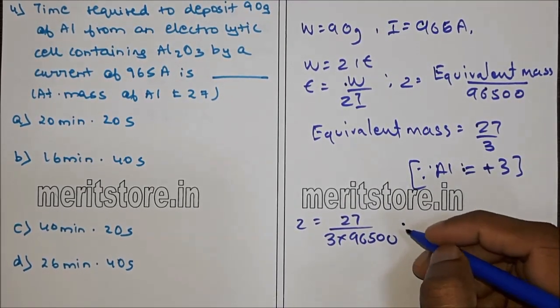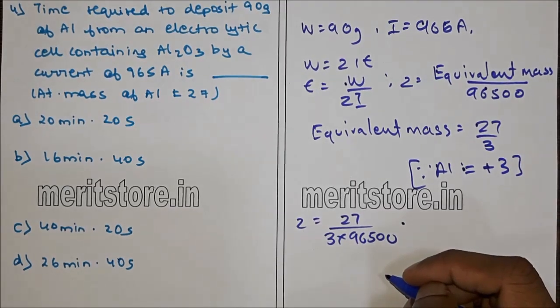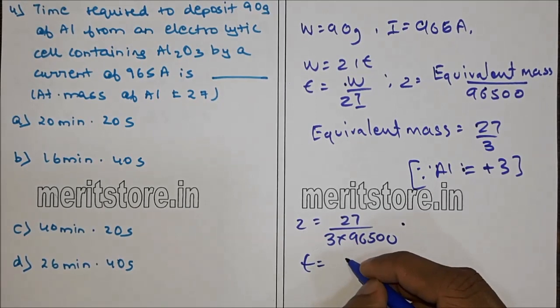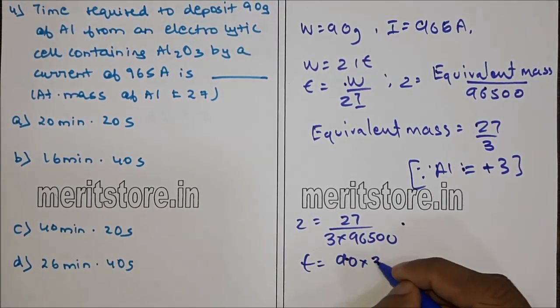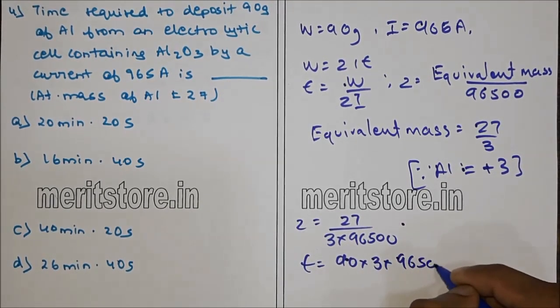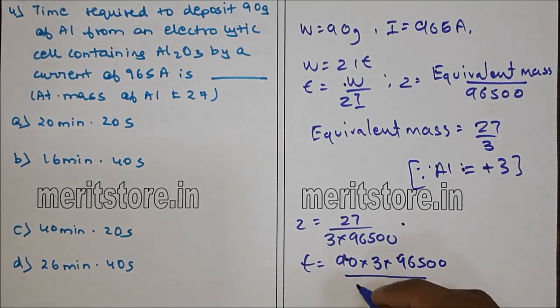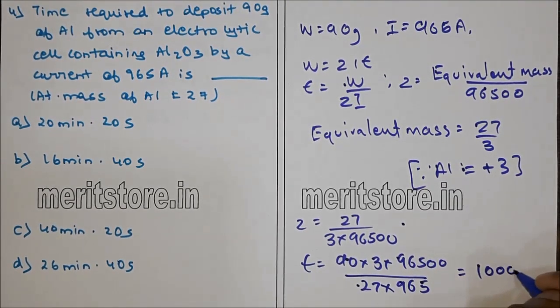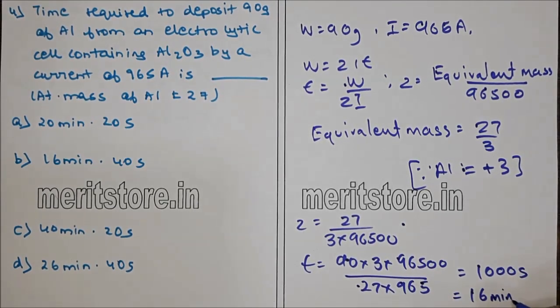Therefore we substitute this Z in the formula of T, which is equal to W upon ZI, where we get T equal to 90 into 3 into 96,500 upon 27 into 965, which is equal to, when we solve this, we get 1000 seconds, which is approximately equal to 16 minutes 40 seconds, where we see our answer matches with option B.